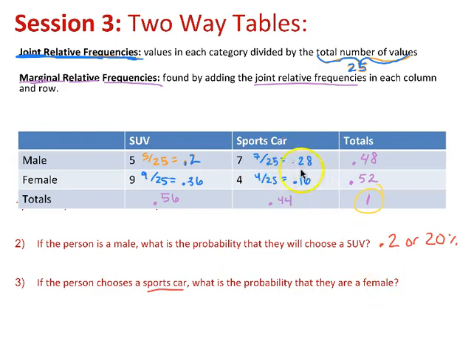Well, it's right here, 0.16 or 16%. So that's how we use two-way tables. A lot of times you'll be answering questions about two-way tables, and it'll be based on a certain row or column, just like we did with these examples.